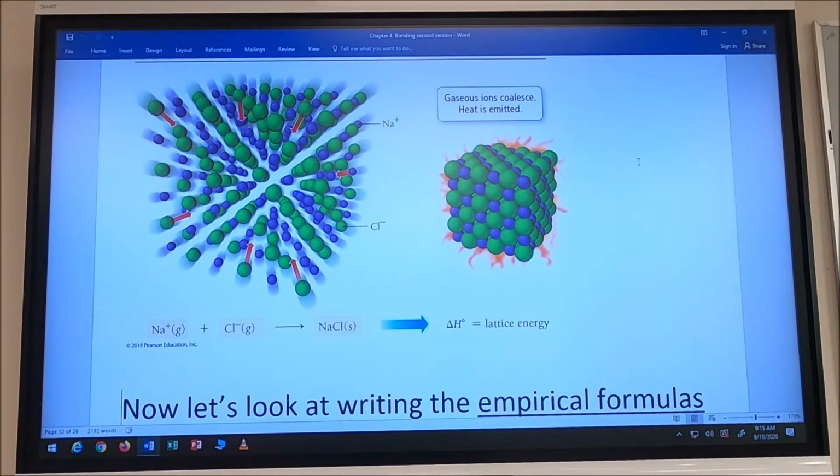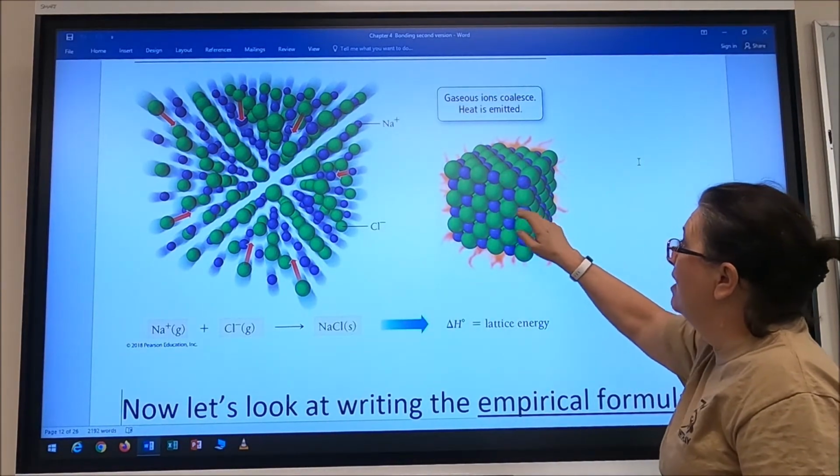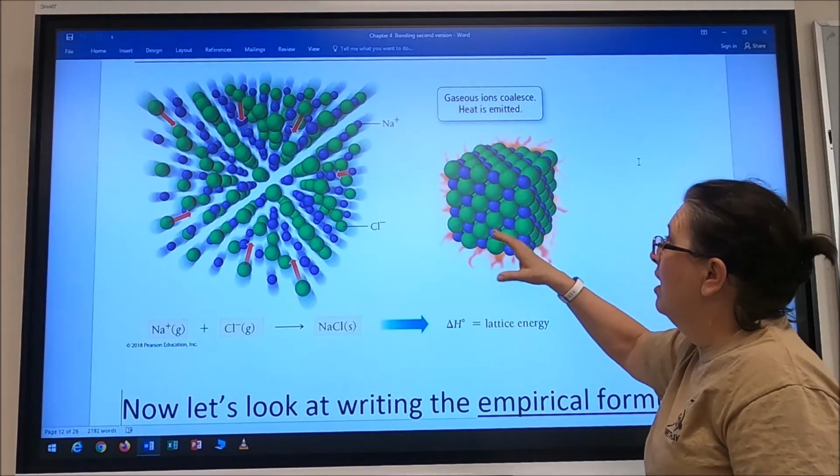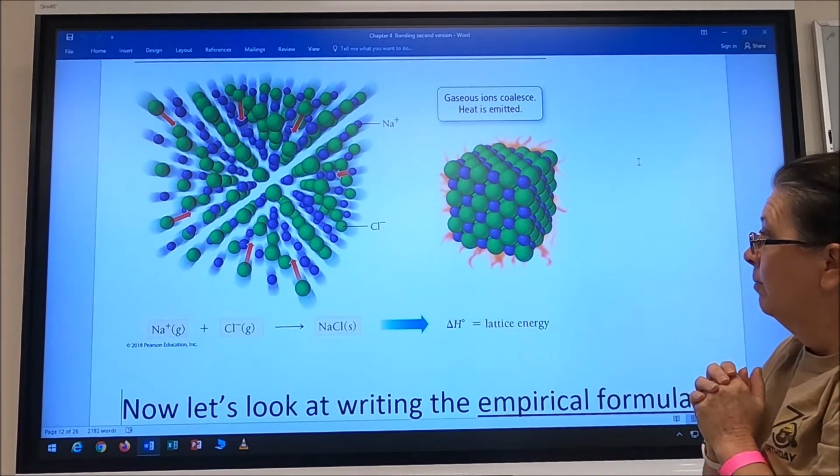An ionic compound is comprised of metals combined with nonmetals. When we combine metals with nonmetals, we get the formation of ions, and the ions coalesce into the ionic solid. The ionic solid is made up of an array of positive and negative ions, and everything is interconnected through the ionic bond.